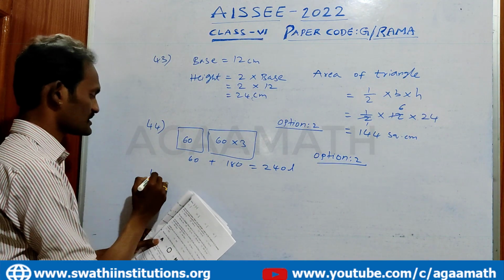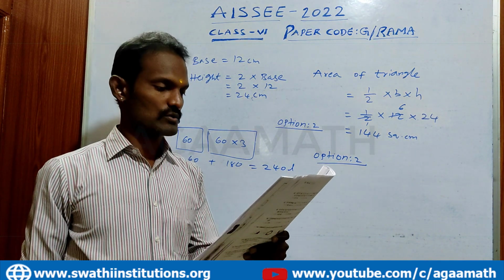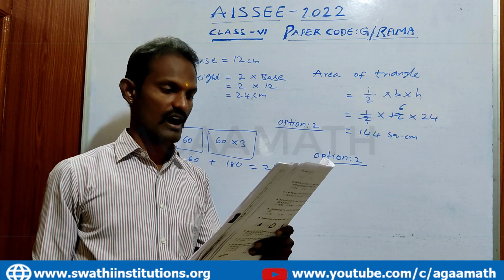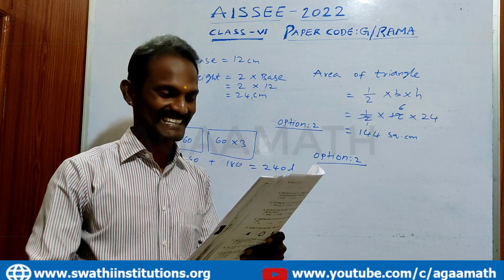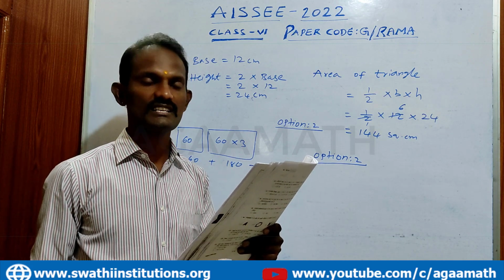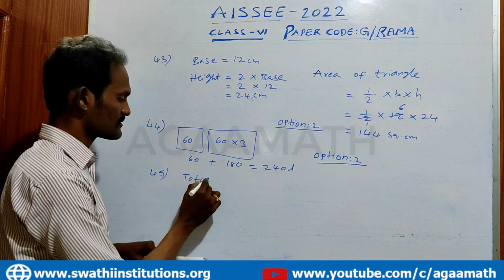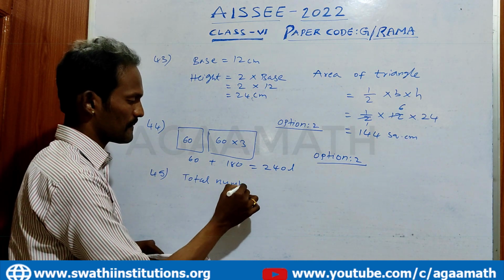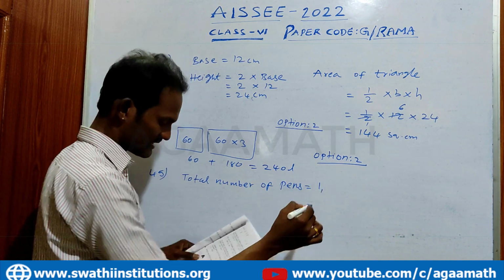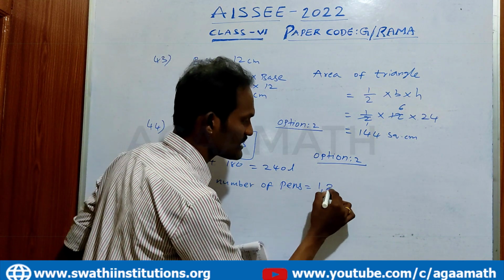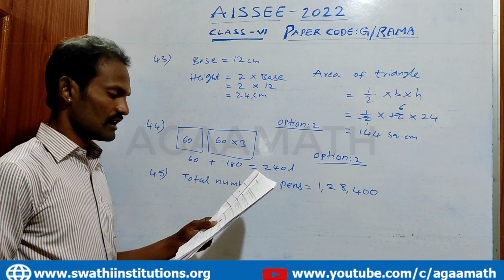Now let us come to question number 45. 1,28,400 pence are to be packed into cartons with 150 pence in each. So how many cartons will be needed? So the total number of pence equals 1,28,400.